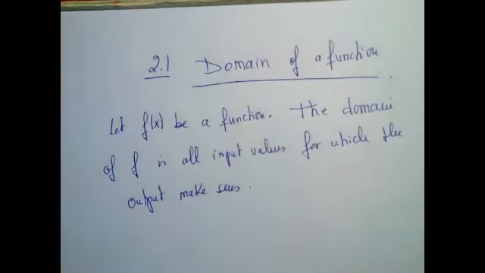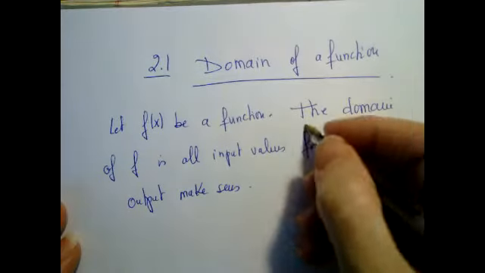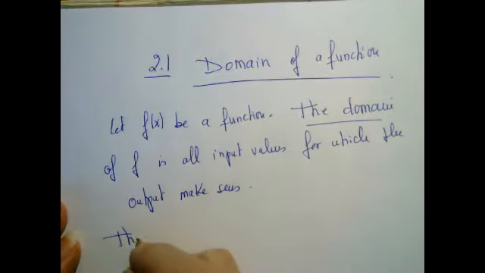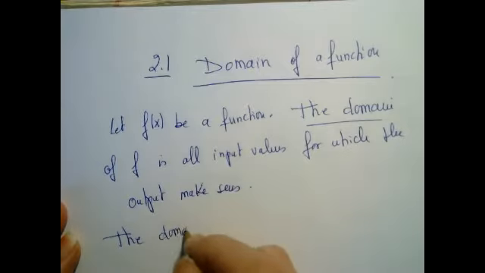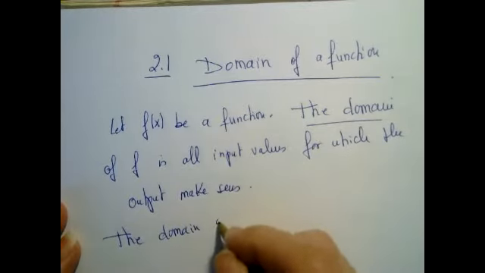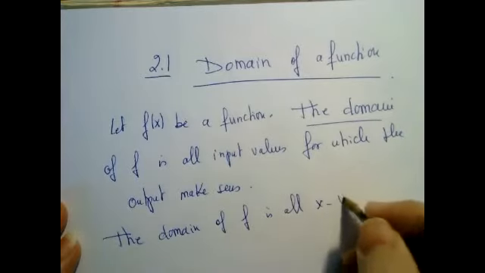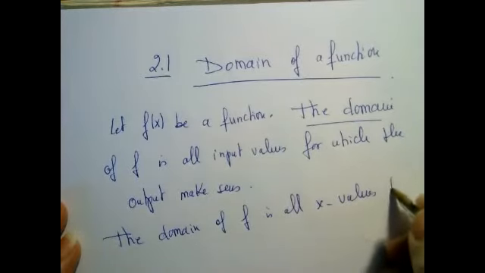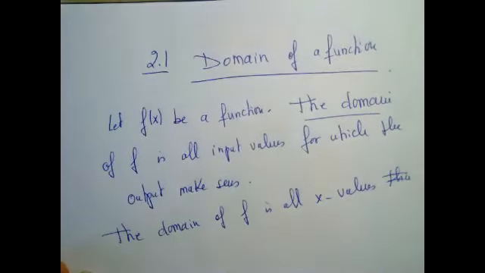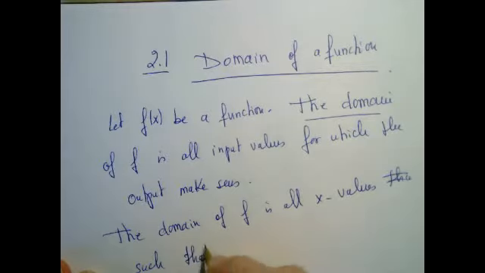Or in other words, the domain of a function f is all the x values, because sometimes x values are more tangible to you, such that f of x is a number.